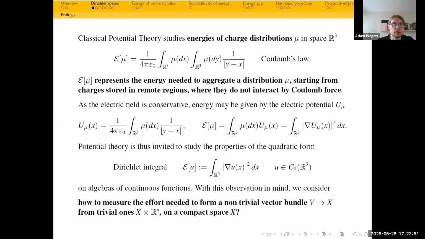Okay, so this functional can attain the value plus infinity. Yes. Maybe at this moment I am only asking about this potential function. So if your measure comes from some density, then this integral is finite. This u mu of x is finite. Yes.